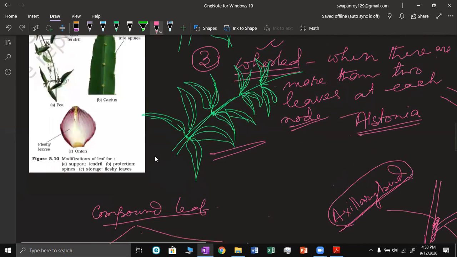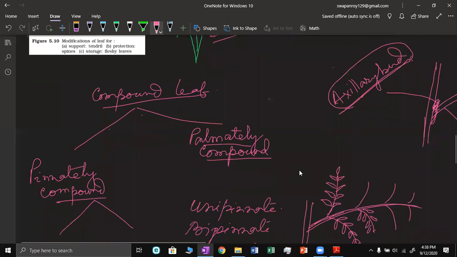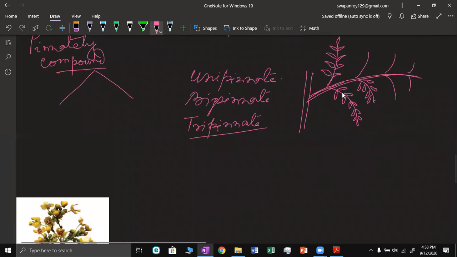In this one, it is pinnate only once, but in this diagram that I have drawn, it is pinnate twice. Like that, it can be pinnate thrice also.